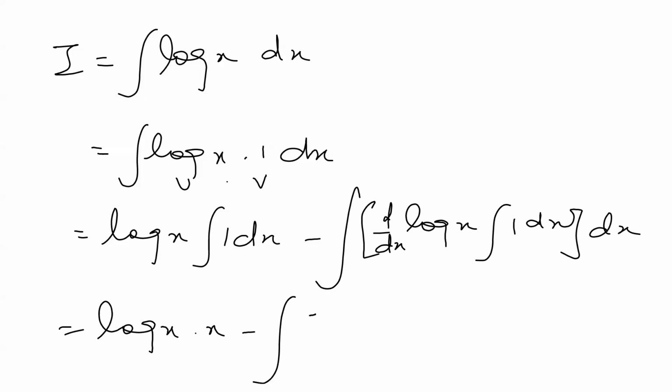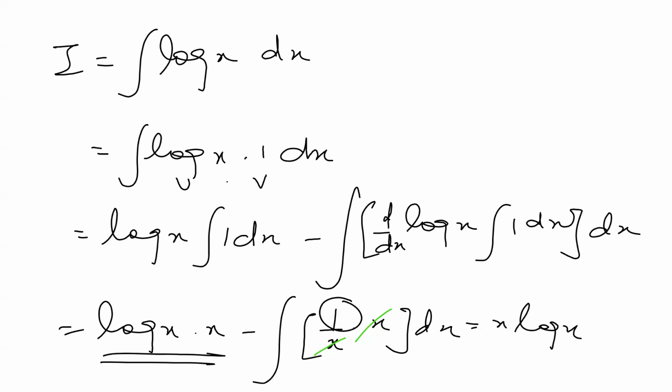Log x into x, minus 1 upon x into x dx. So this and this is gone. So the final answer will be x log x minus integration of 1, which is x, plus c.